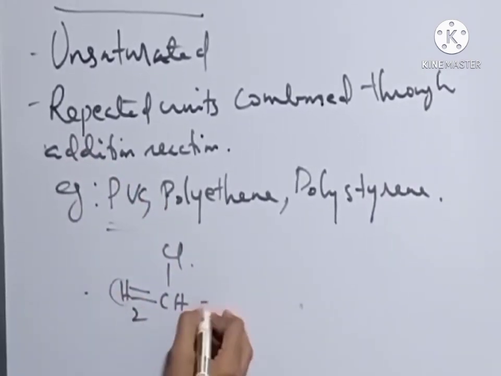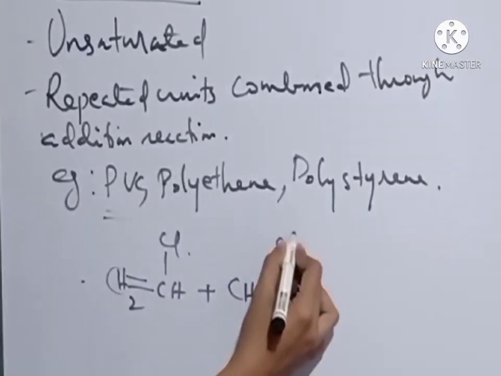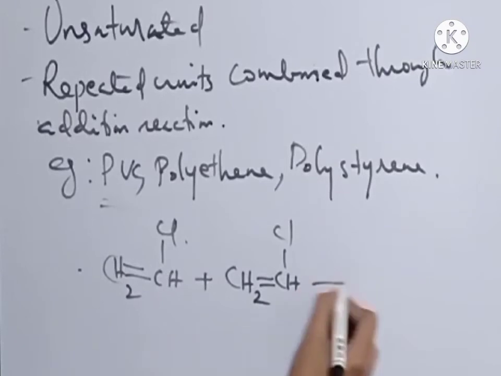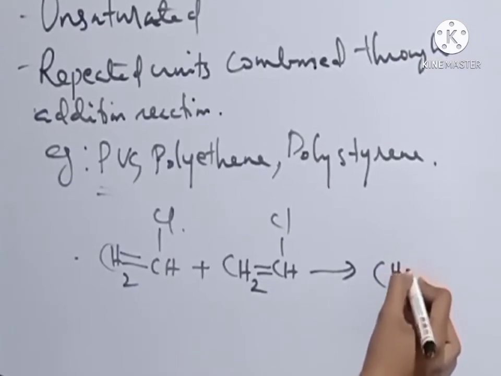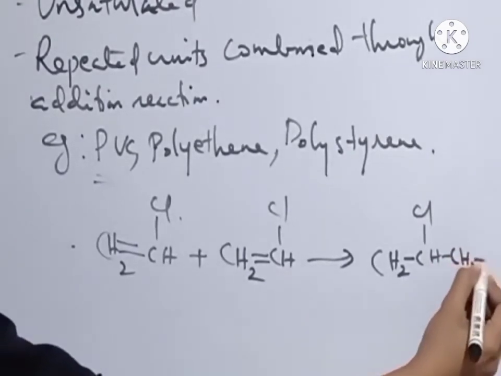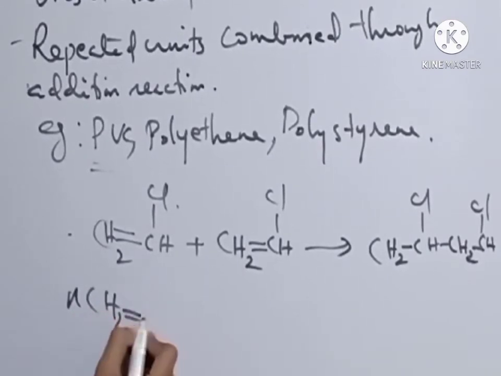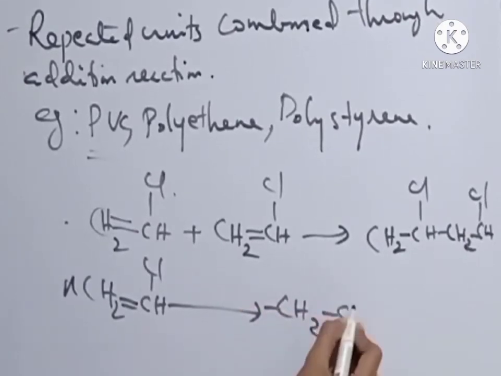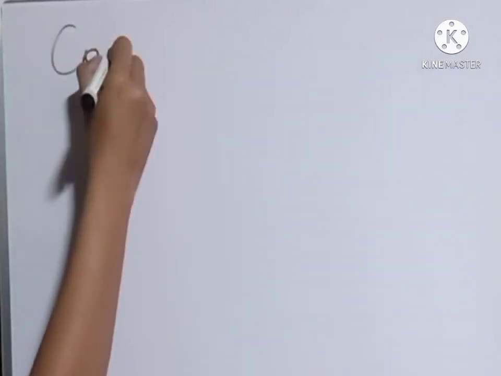So if one more unit is coming, then an addition reaction will occur and these two add to form CH2CHCl, converted into a saturated compound CHCl. So if n such units are there, then (CH2CHCl) n times.